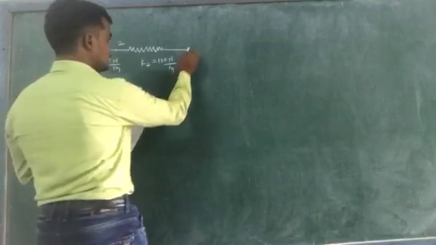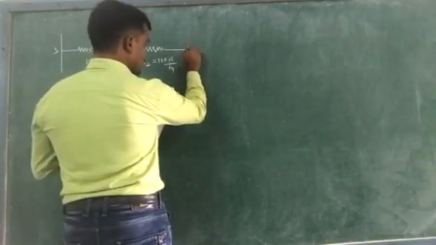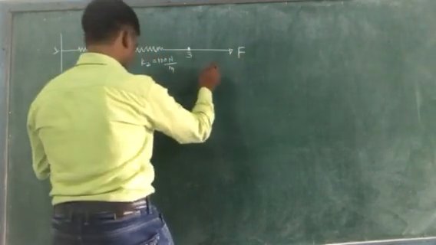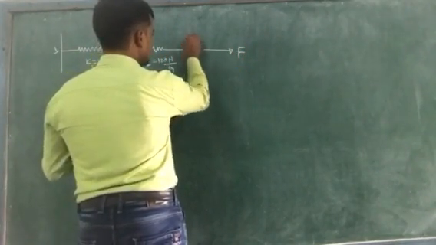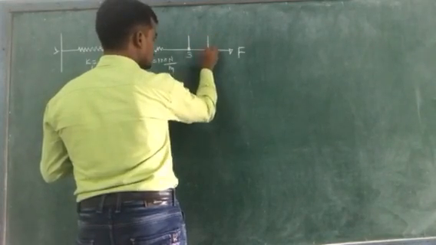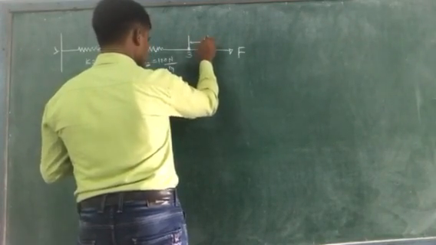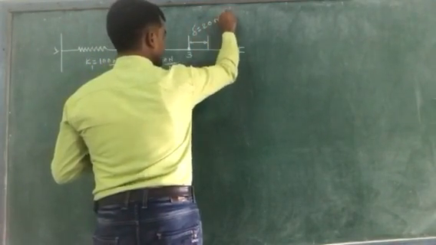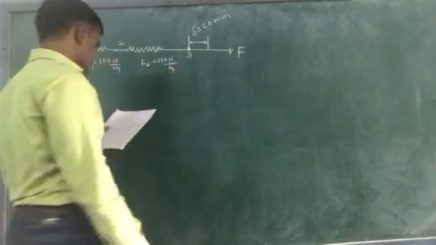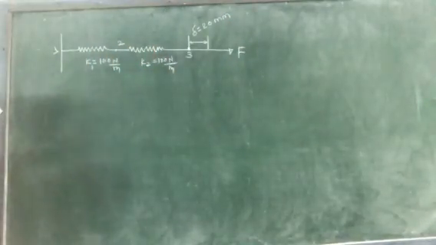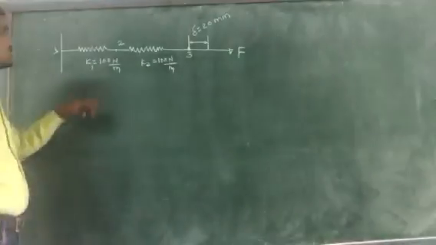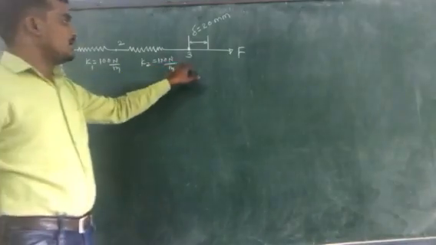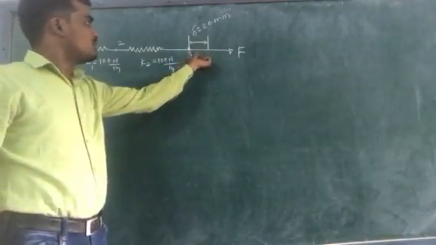At the last node there is one unknown force F, which is to be determined, and the displacement of node 3 is given as 20 mm. So this spring system contains two springs with K1 equal to 100 Newton per meter and K2 equal to 100 Newton per meter.